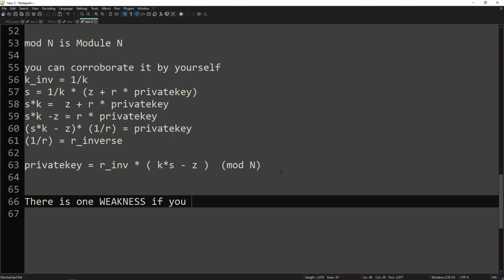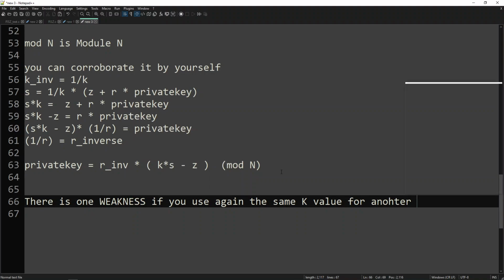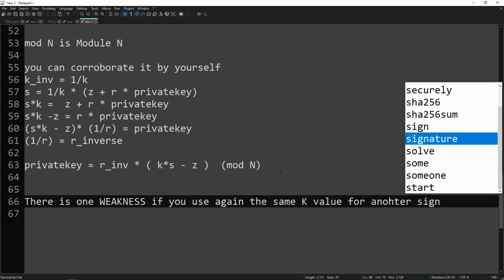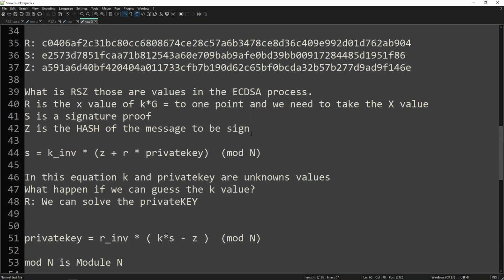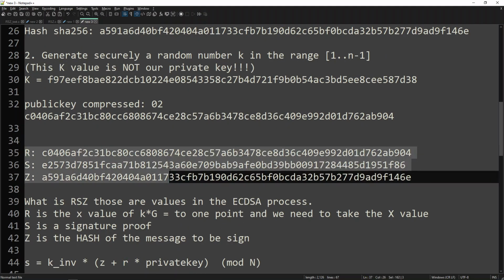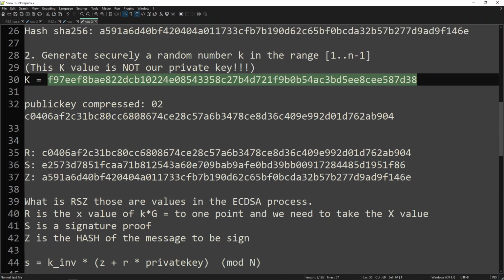If you use again the same k value for another signature. Okay, let's make another signature from these same values, from this private key, also from this k value.